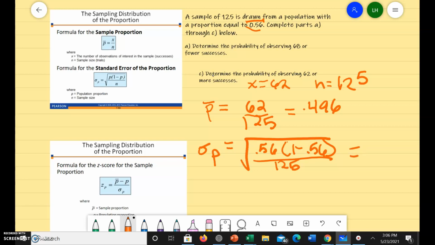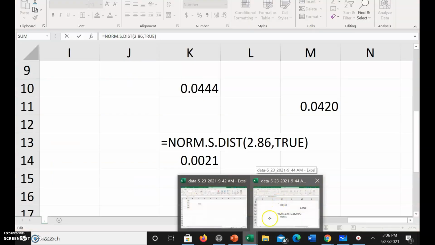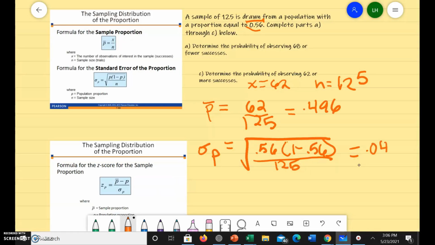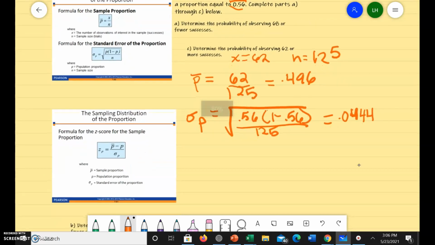And I can't remember what it was now. .0444, and I remember us doing that in Excel. So I didn't really have to rework that. I shouldn't have erased that part. That only is going to change if the sample size changed.